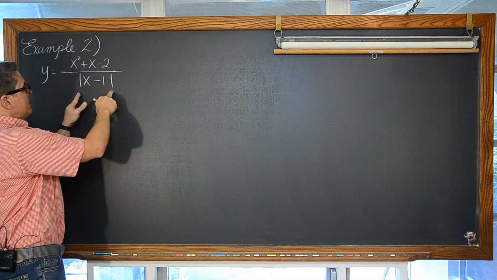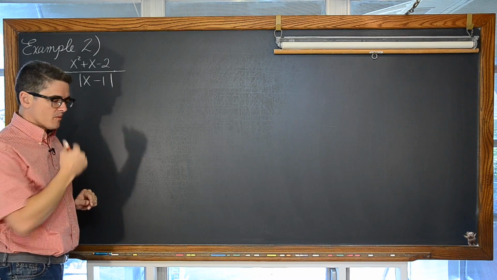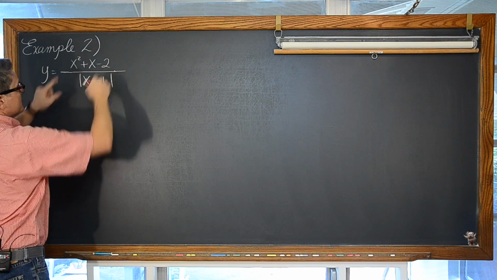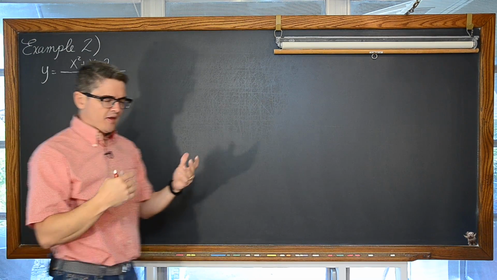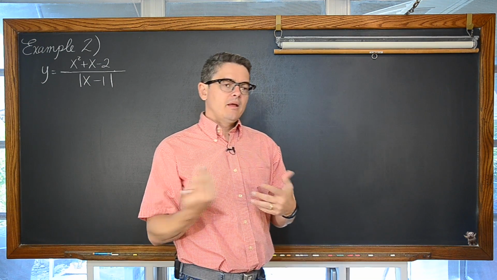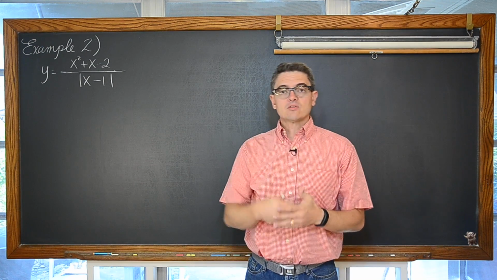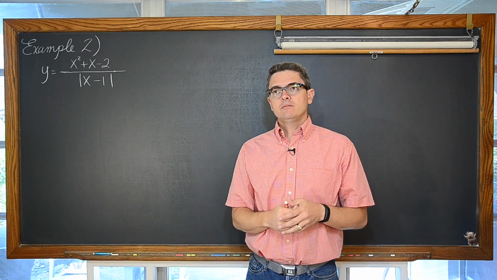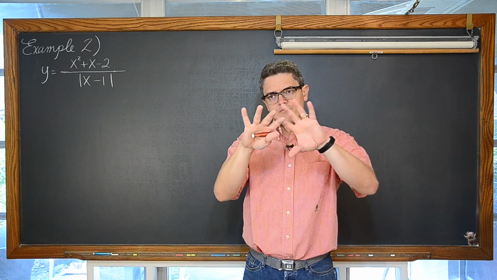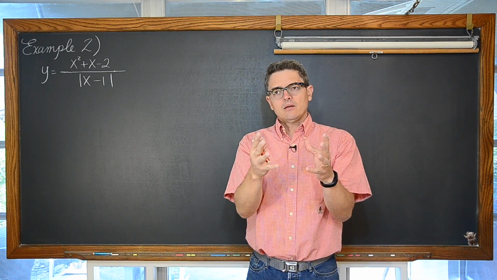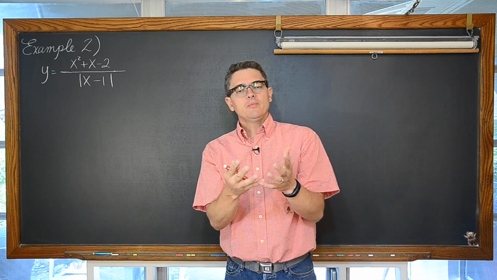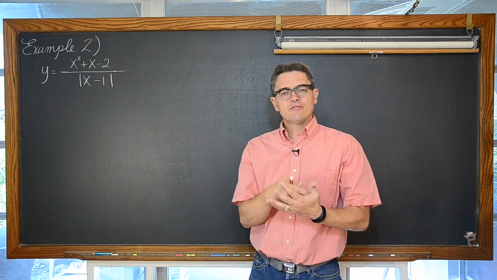We have an absolute value sign down here, but the numerator, we talked about if you could factor the numerator and denominator and have a factor which would cancel, then that factor in the denominator, the x value that makes that factor equal to 0, there would be a hole in the graph there.